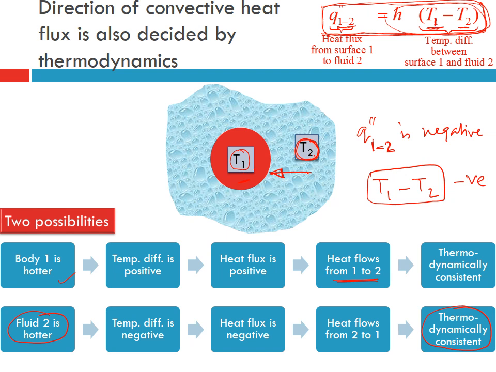As long as we write T1 minus T2, temperature of body 1 minus temperature of body 2, and say that whatever we get is the heat flux from 1 to 2, if we follow this convention, then we will always be okay. We'll always be thermodynamically consistent. We don't need to be concerned about which one is hotter and which one is colder.